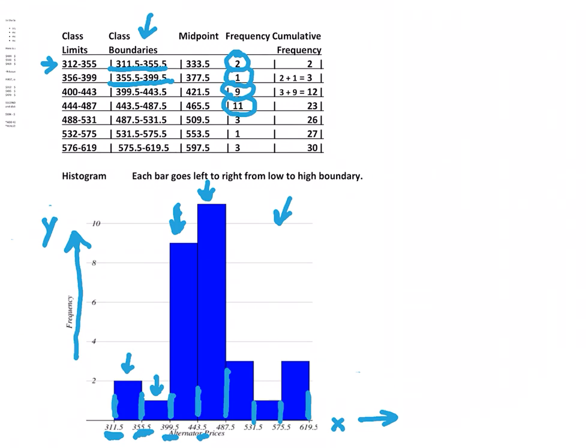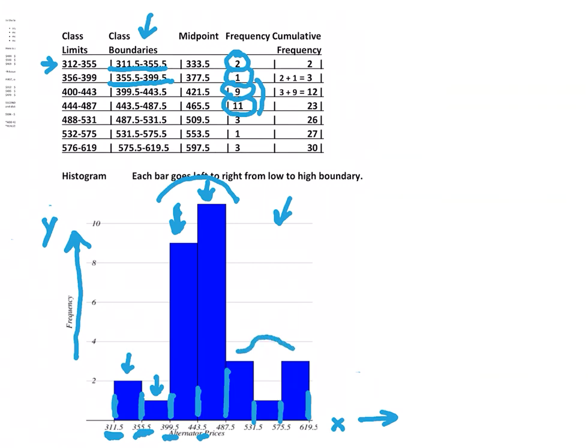And the real purpose of the histogram is to show us where do most of the prices end up stacking up. And you can see that most of the prices stack up in the middle. We have the majority, 9 plus 11, we have 20 alternators that stack up right here. And that's one of the effective things shown to us by a histogram.